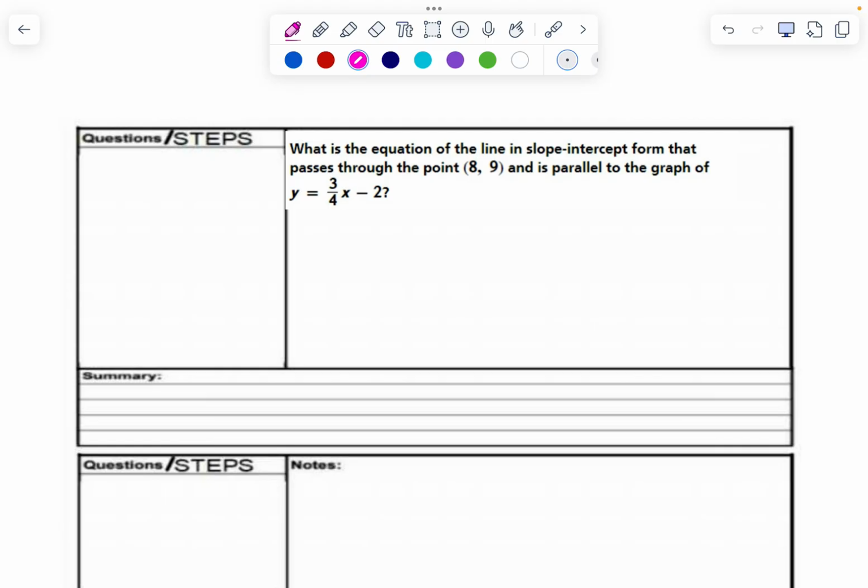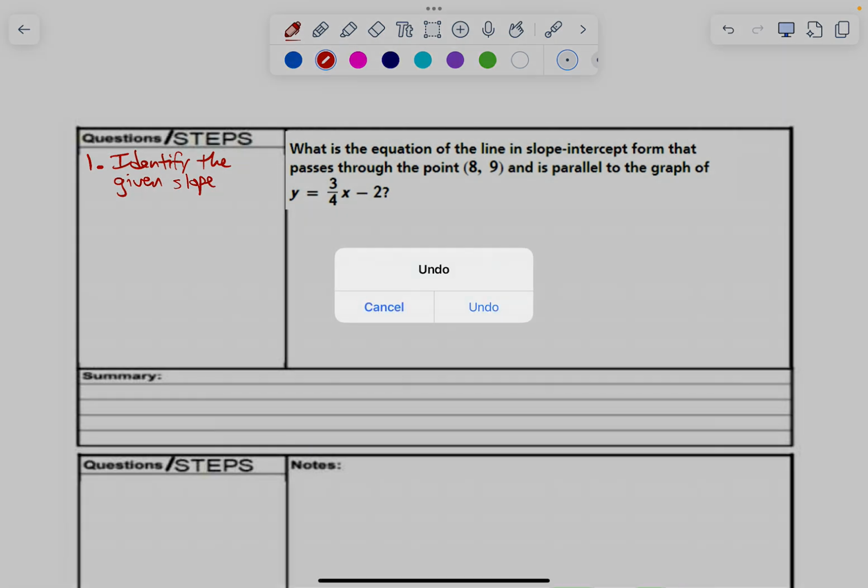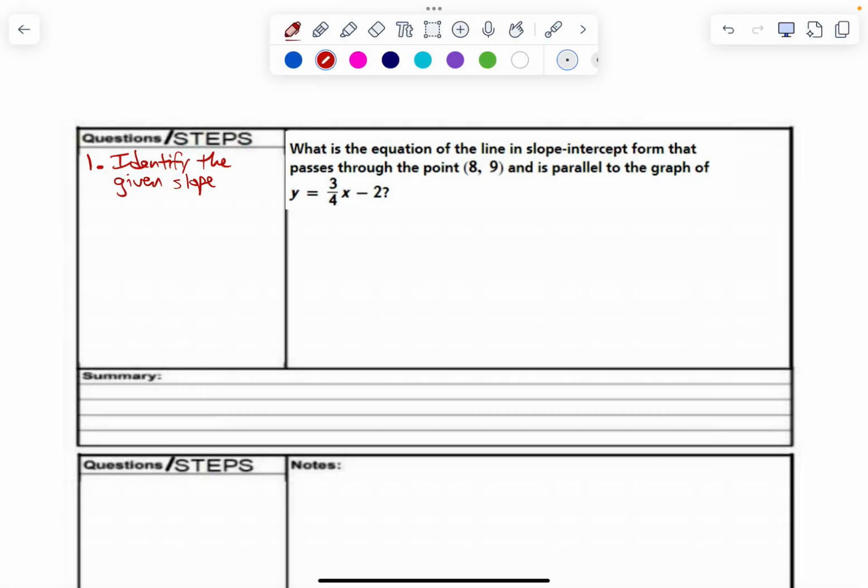So, first step is to identify the given slope. Identify the given slope. What is the given slope?